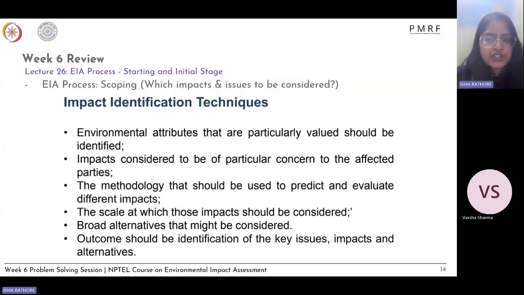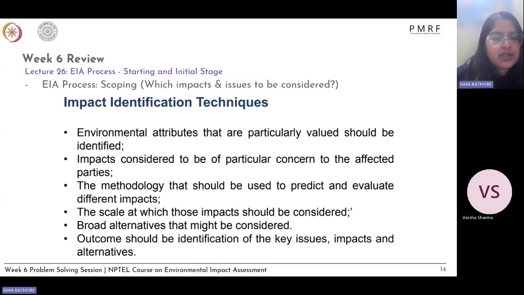Second, how are you going to measure these impacts on the affected parties? Thirdly, you need to determine the methodology you're going to use for predicting and evaluating these impacts, and the scale at which these impacts need to be considered, whether it's at a local scale, a regional scale or a national scale. All of these scales you need to consider. Then you also need to present broad alternatives which are going to mitigate the negative aspects of these impacts.